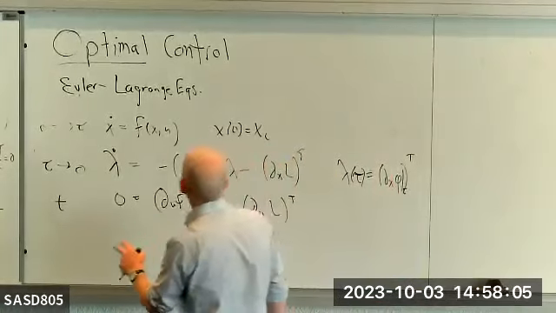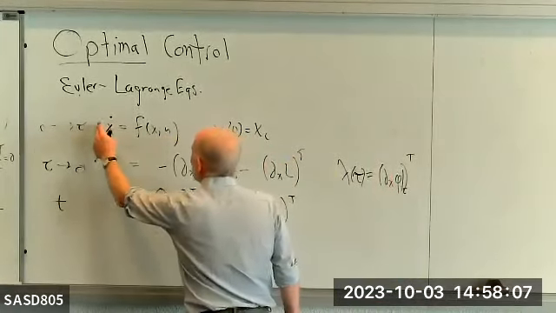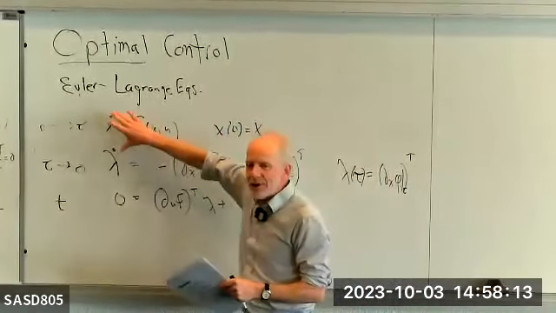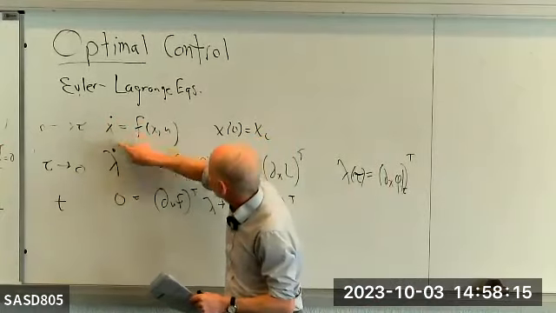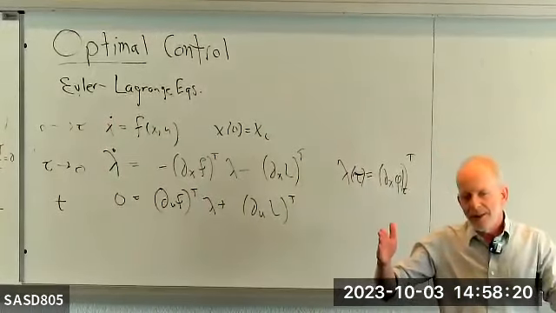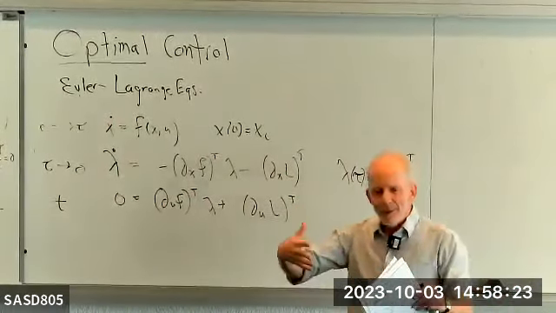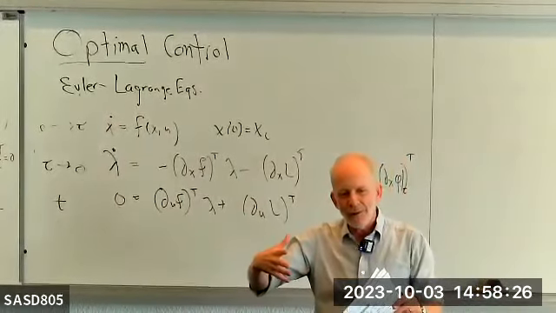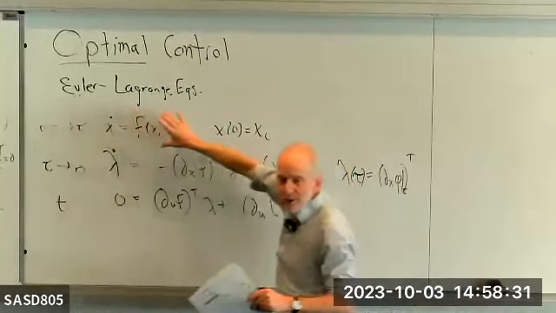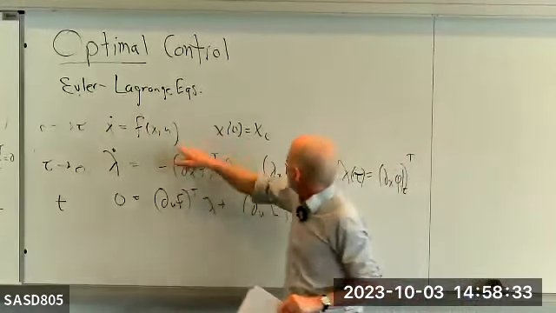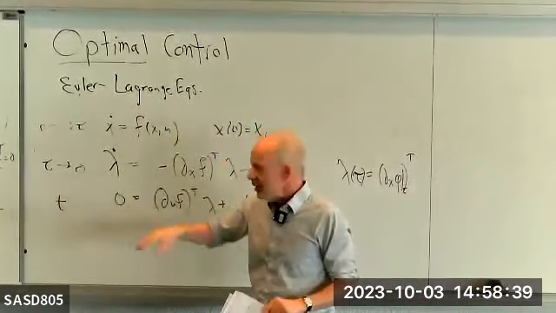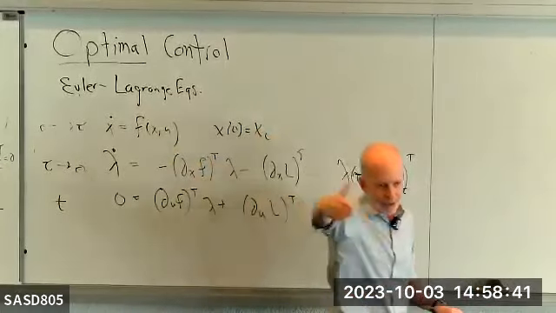And then the final mathematical note is that we've talked about x going one direction of time, lambda another direction of time, but in some sense we have to solve for a coupled set of equations involving x and lambda and even u, and we can think of them as a boundary value problem. And this is the thing that gives the optimal control problem a different flavor from classical mechanics. In classical mechanics, or classical dynamical systems, we would say, okay, we know the system now, we know what we want to do with it, or we do something with it that we know about, and then we just find out how it evolves in the future.